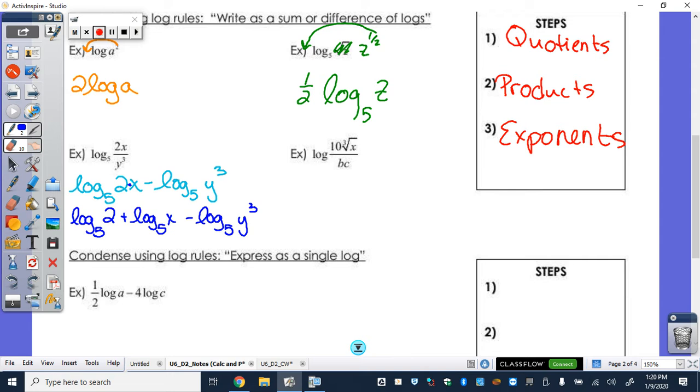And we still have one last thing to do, and that's our exponent. So this 3 just needs to come in front of the word log on the y, not in front of all of them. So log base 5 of 2 plus log base 5 of x minus 3 log base 5 of y. So the exponent comes in front of just that log term.